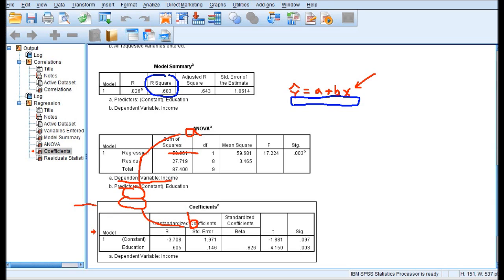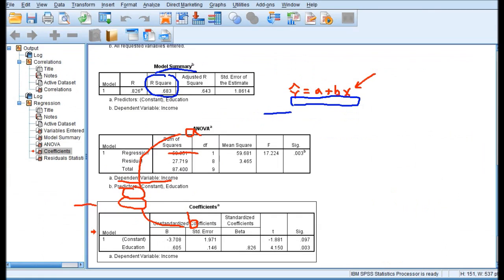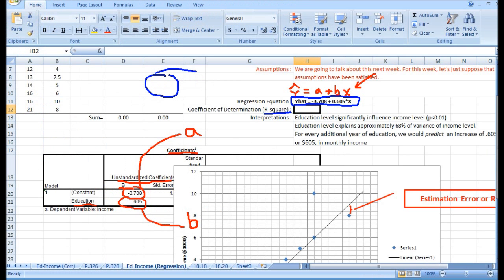Just get this R square from this model summary table, .683, right?